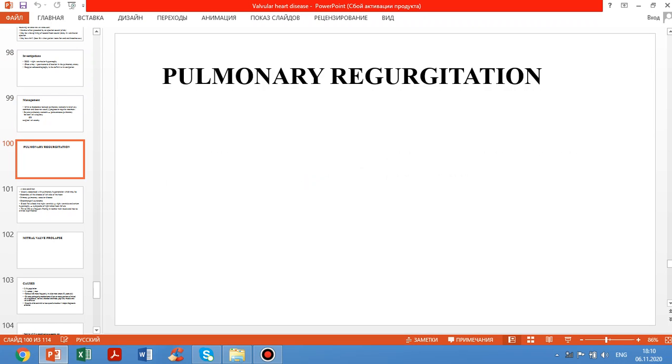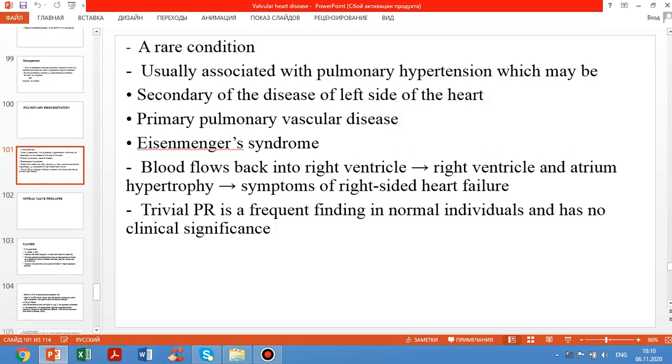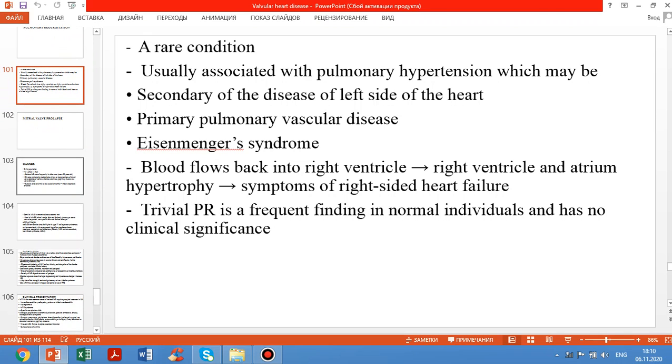Pulmonary regurgitation, a rare condition, usually associated with pulmonary hypertension, which may be secondary to disease of the left side of the heart, primary pulmonary vascular disease, or Eisenmenger syndrome.